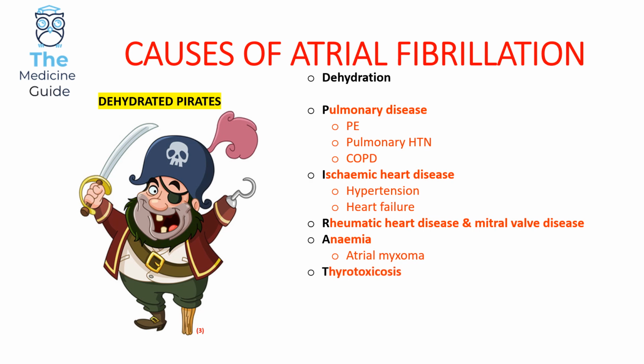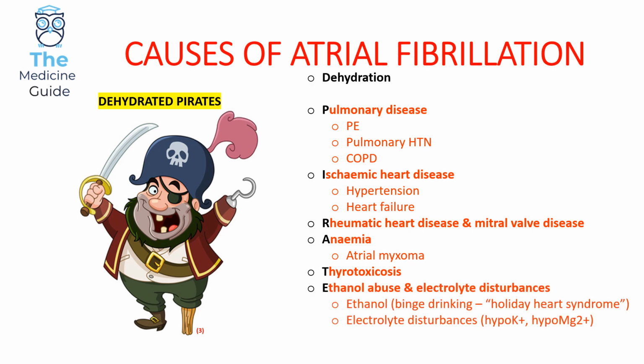T for thyrotoxicosis. That's essentially when a patient is in a state of hyperthyroidism, so they'll present with high levels of T3 and T4, high levels of thyroid hormones, but their TSH levels will be low. E for ethanol abuse and electrolyte disturbances.